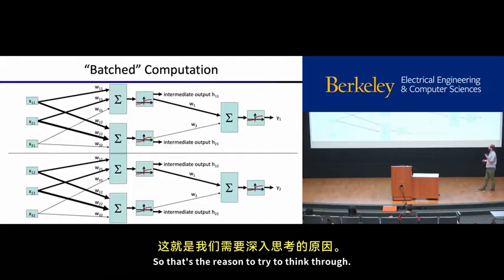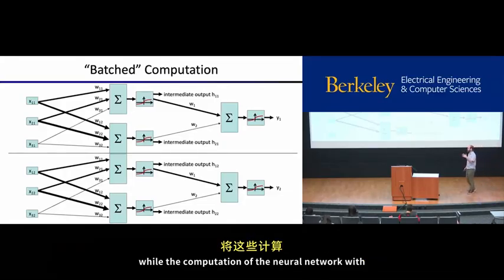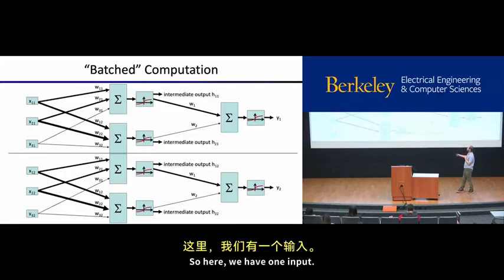So that's the reason to think through whether there is some nice matrixy way to write the computation of the neural network with multiple different data points as input at the same time. Here we have one input. This is our first data point.